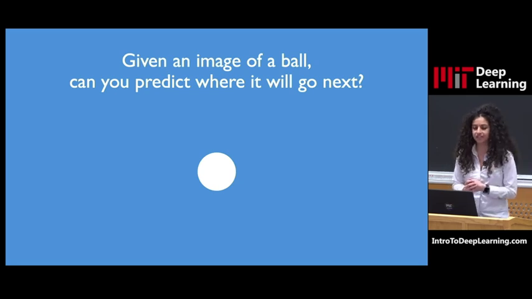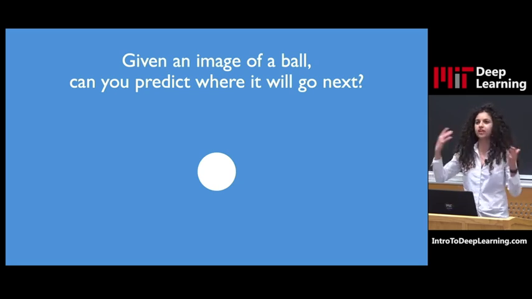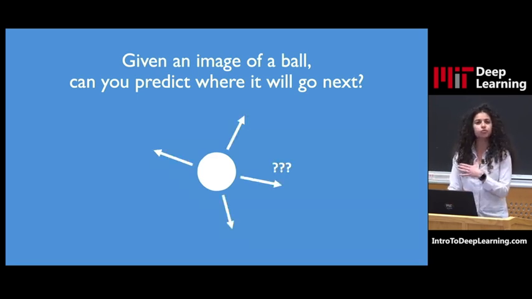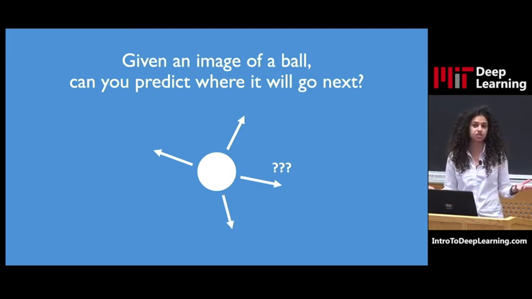Let's say we have this image of a ball and it's moving somewhere in this 2D space, and your task is to predict where this ball is going to travel to next. Now, if I give you no prior information about the history of the ball, its motion, how it's moving, so on, your guess on its next position is probably going to be nothing but a random guess.